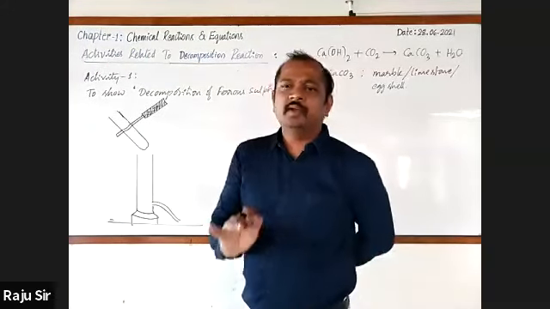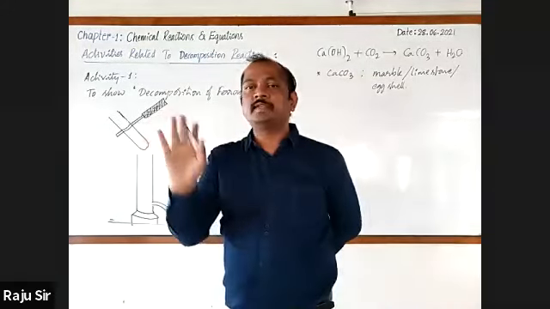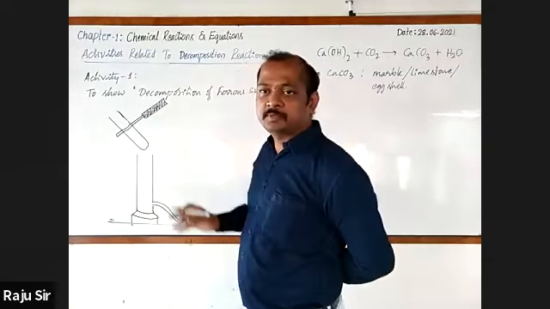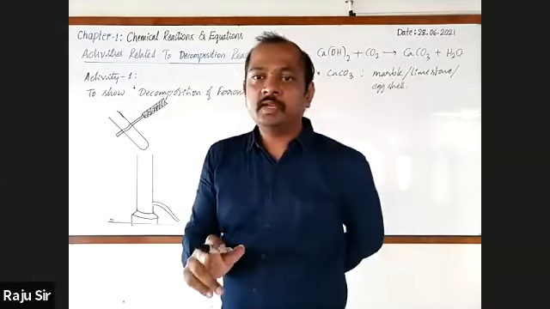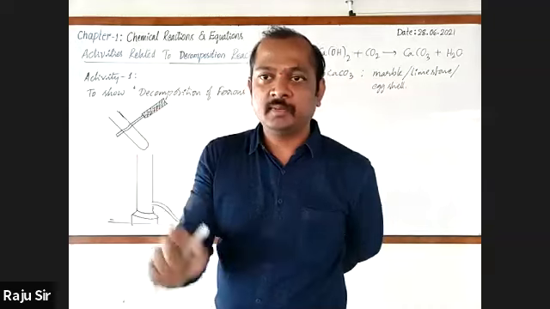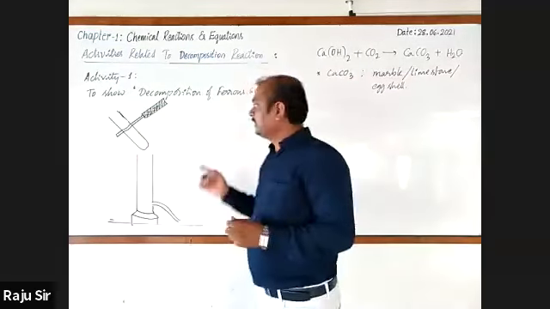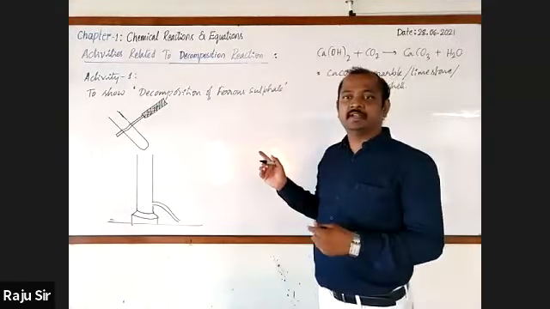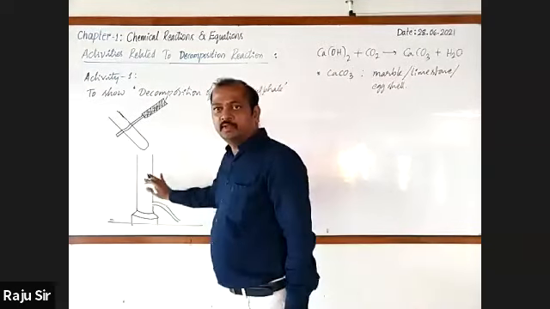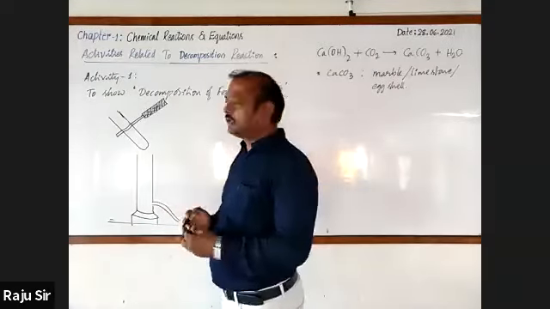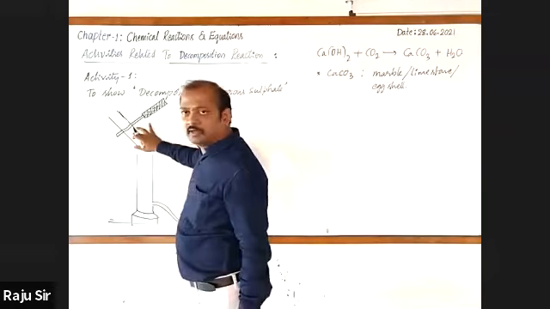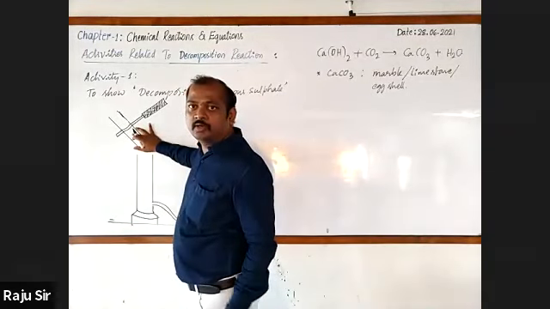Overall, even the procedure is very simple. Now let me explain that. I'm just going to draw it easily. Look, here we have taken a Bunsen burner, then we have taken a boiling tube, nothing but a test tube.